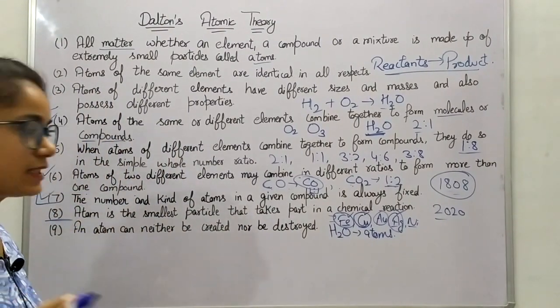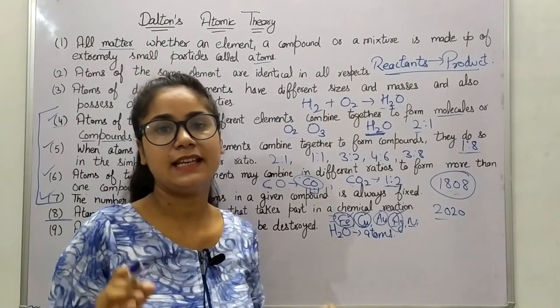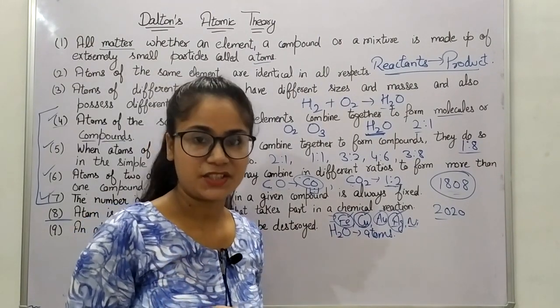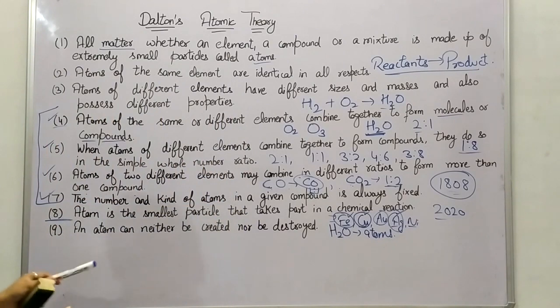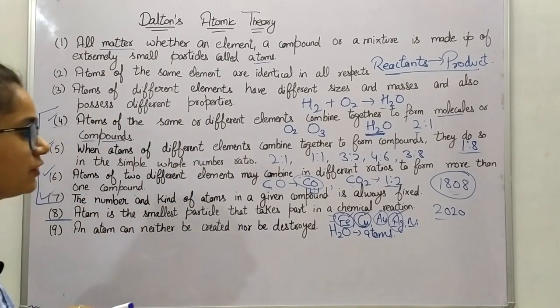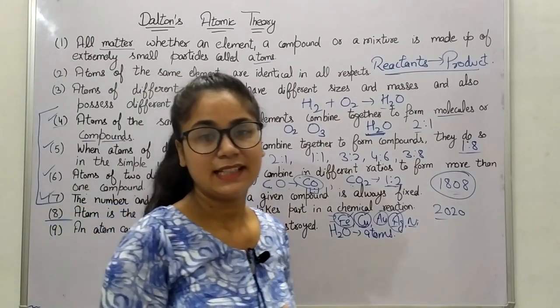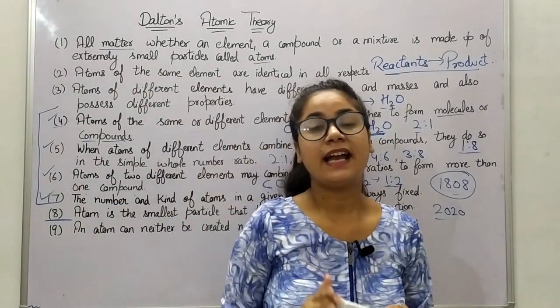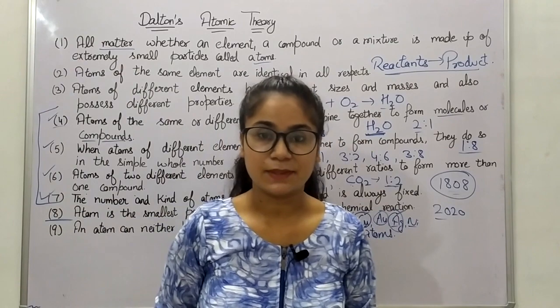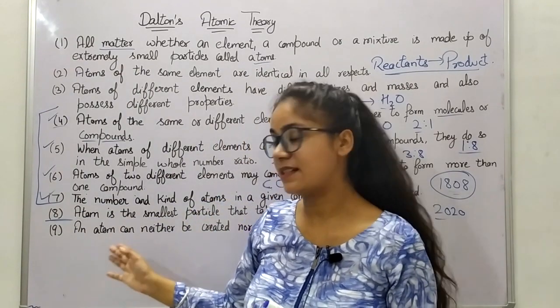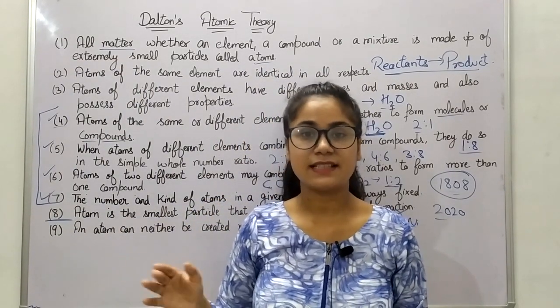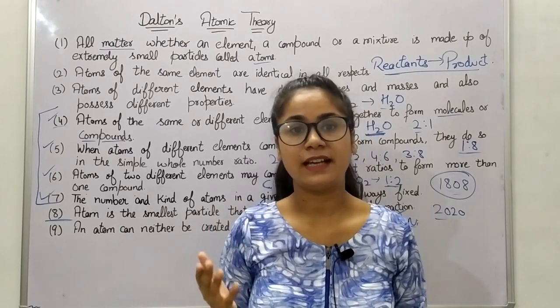That means atom is the smallest particle that takes part in a chemical reaction. Then comes the last point, and the last point is an atom can neither be created nor be destroyed. That means atom is conserved, atom is indestructible. This explains the conservation of atoms, or you can say the conservation of mass.